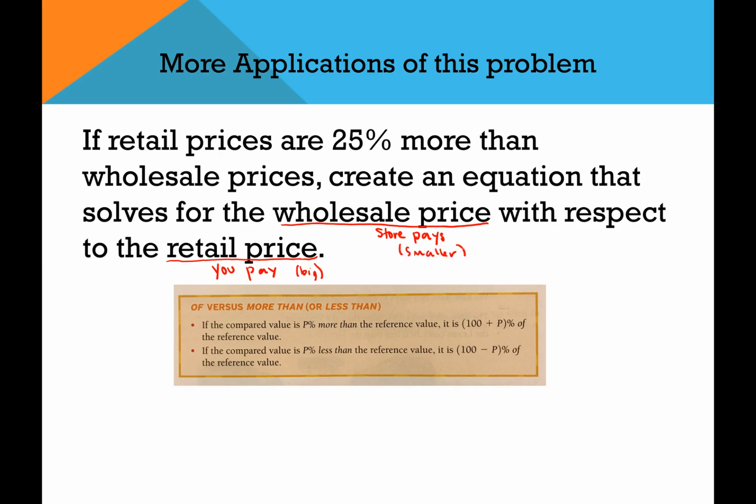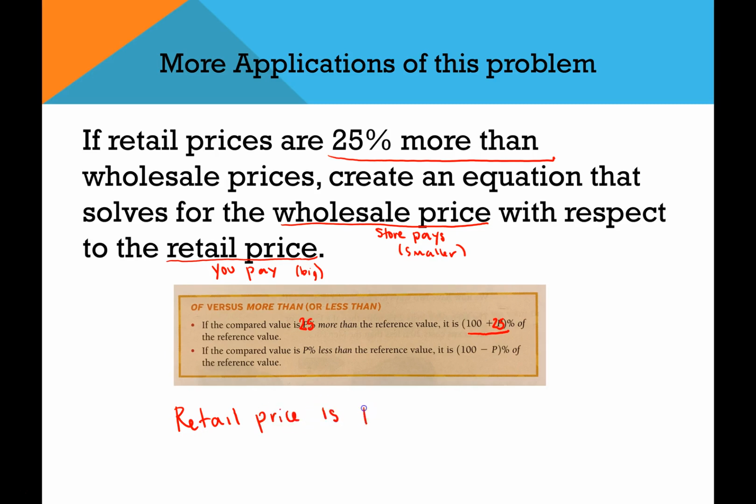Okay, so first of all, 25% more than, I'm going to put that right here. And then I'm going to get that 100 plus 25 gives me 125. So the retail price is going to be more expensive.